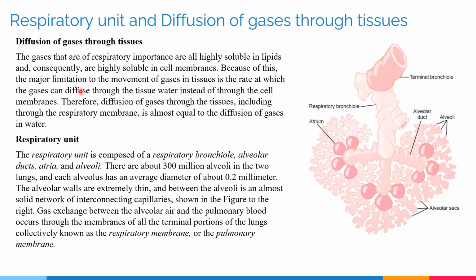Because of this, the major limitation to the movement of gases in tissues is the rate at which the gases can diffuse through tissue water instead of through the cell membranes. Therefore, diffusion of gases through the tissues, including through the respiratory membrane, is almost equal to the diffusion of gases in water.